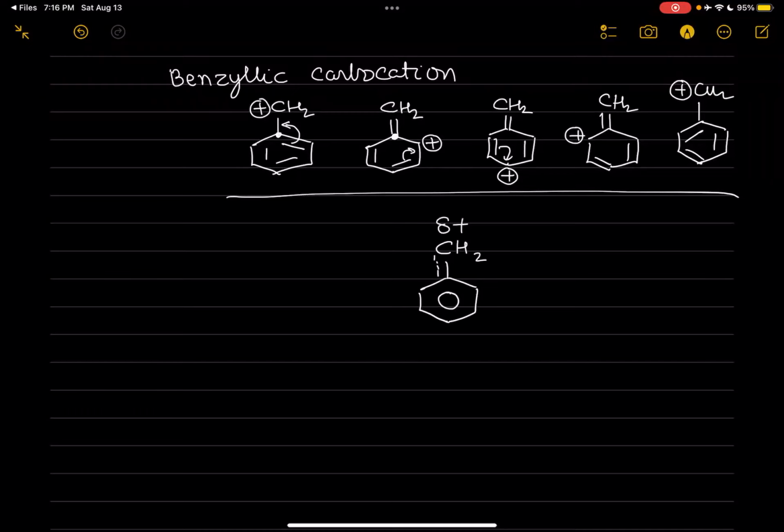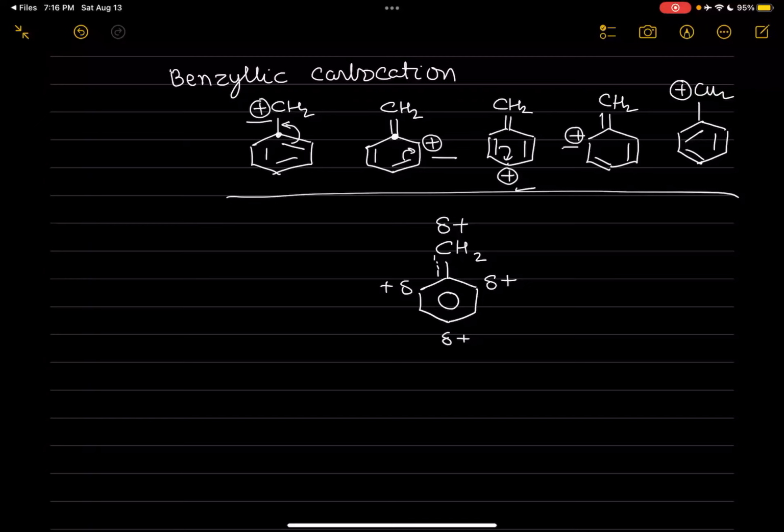The plus charge formed by the departure of the leaving group is now not completely plus, because if you take the average, this plus charge has appeared at the ortho and para positions, due to which these positions have also acquired some charge. Is it clear? So this can form very quickly.